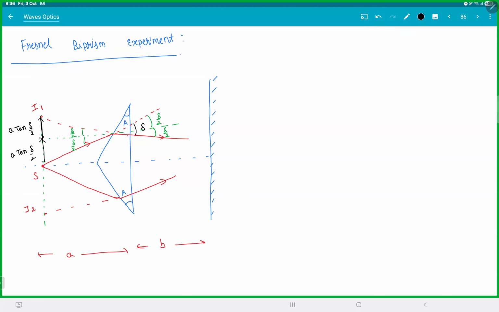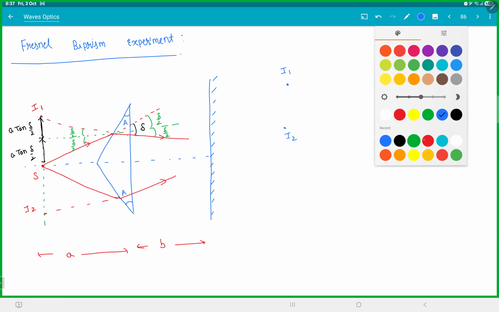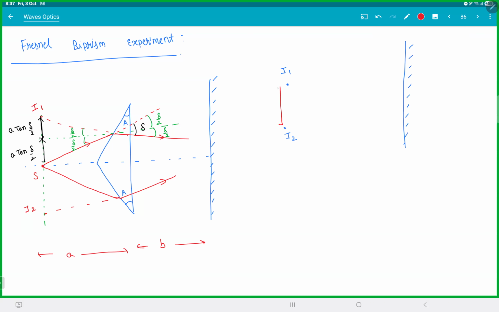So this whole setup works like we have two sources now, I1, I2. This is the screen here. And this would be the distance between them, small d, where d is nothing but 4 times a tan delta by 2. Since delta is small, you can approximate this to be 4a delta by 2, which is 2a delta.